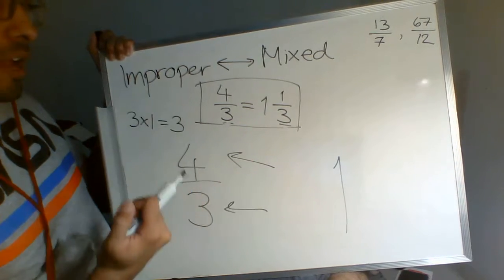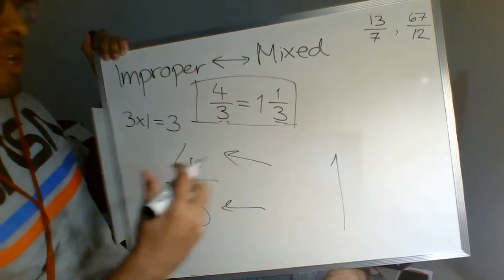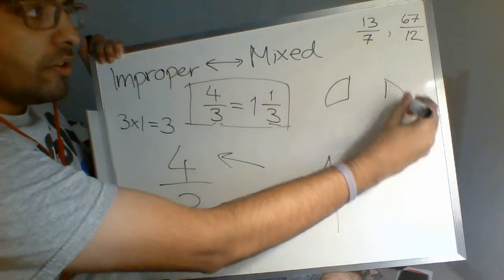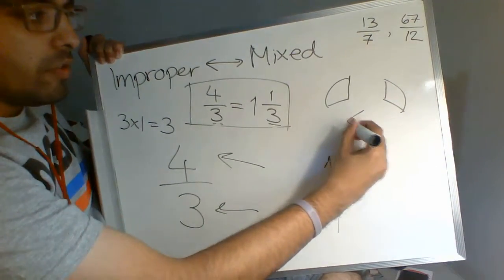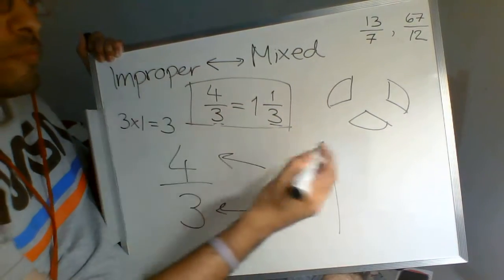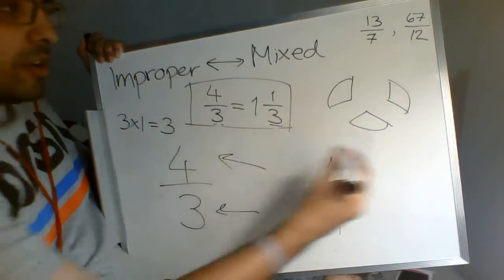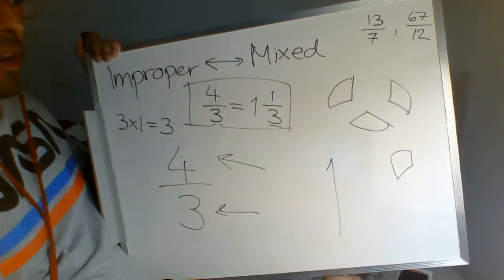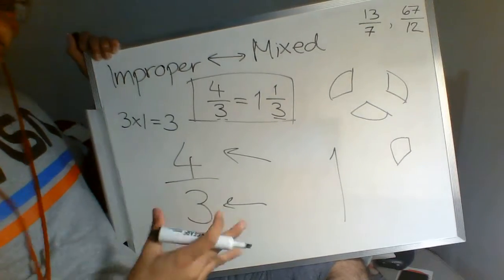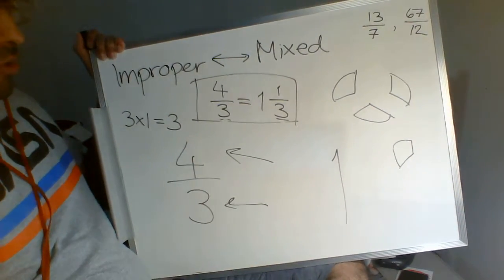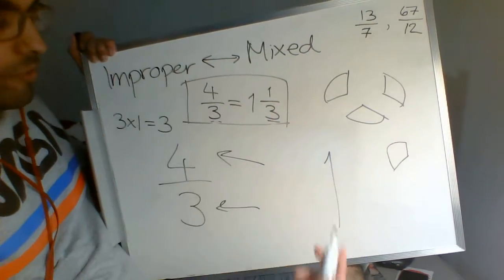So if I took away 3/3 to create a whole, so I had 1/3 over here, 1/3 over here, 1/3 over here, and I take all of those away so that I can make one whole pizza, out of those 4/3, where I've got that 4th third of the pizza sitting over there, if I take 3 of them away to make that one whole, how many thirds of the pizza am I left over with?